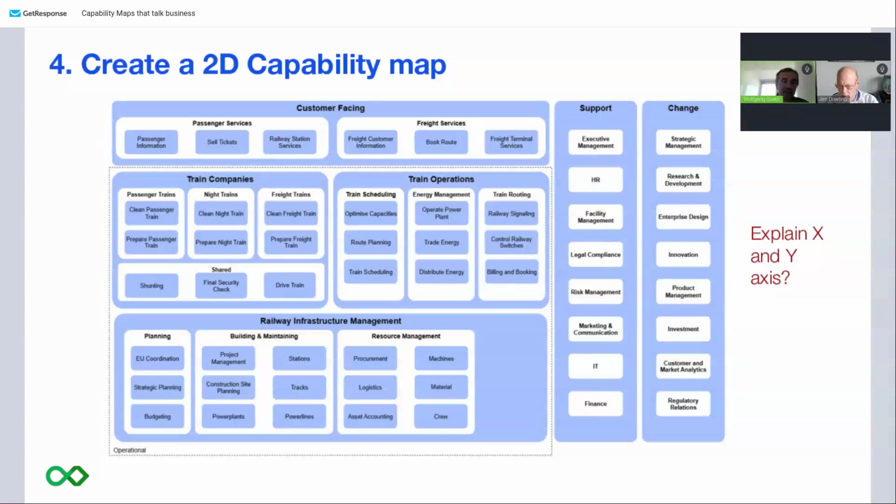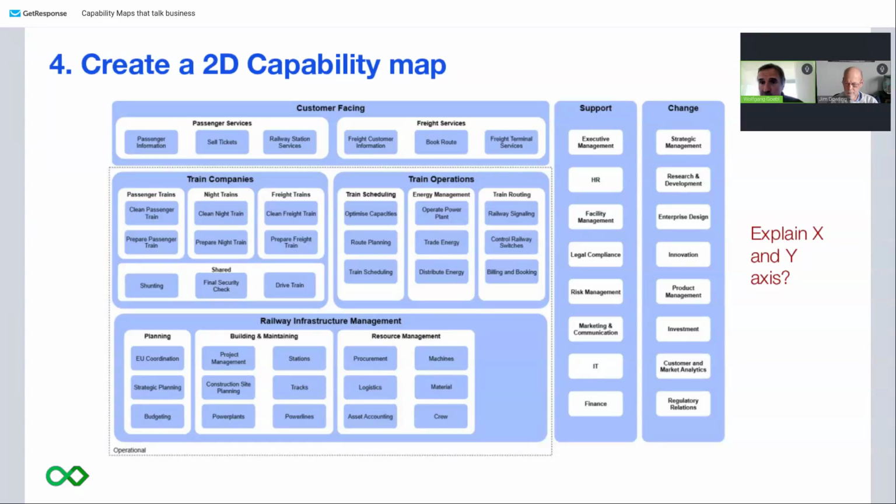We do shunting before we do a final security check before we drive the train. So you can use the x-axis wisely to show them. Of course, you can see the flows. You can use arrows. That's also allowed in AGI. But be aware that you only have two dimensions because it's a two-dimensional map. That's the idea.